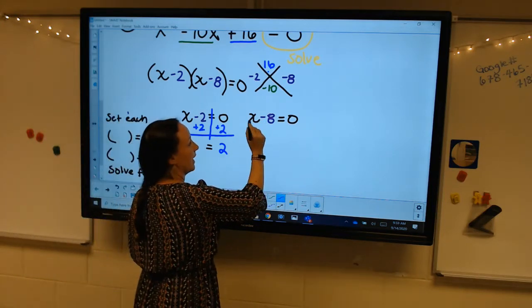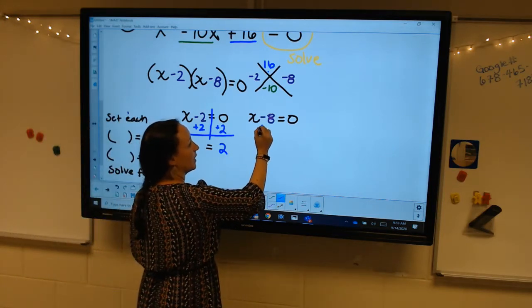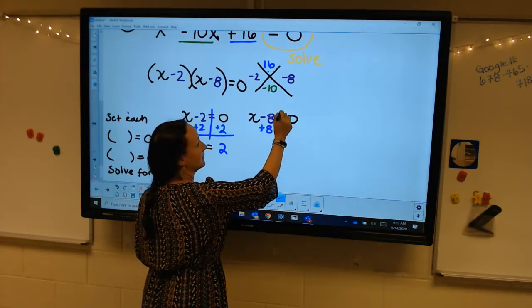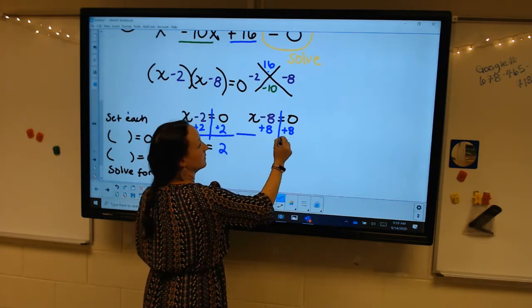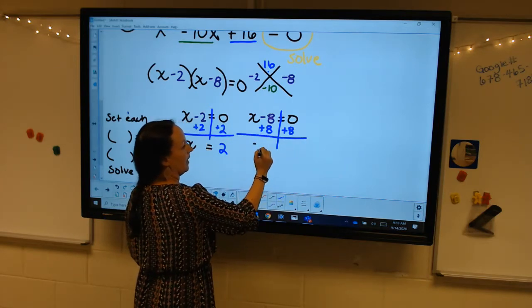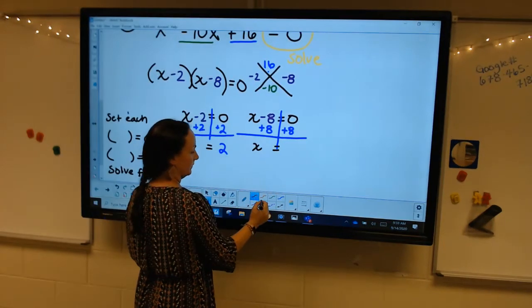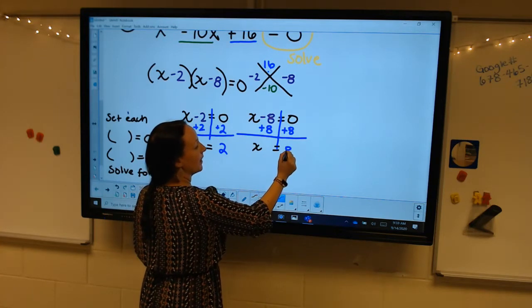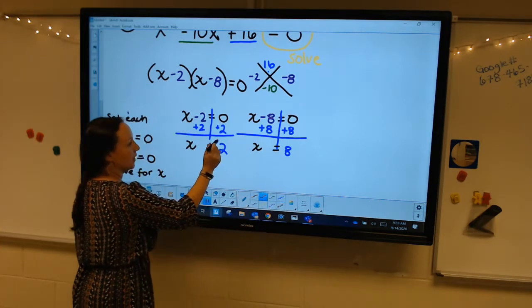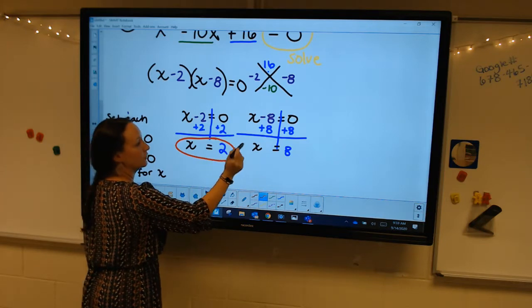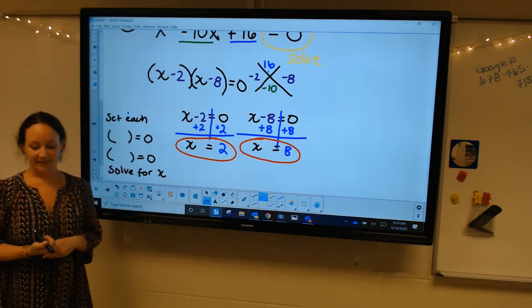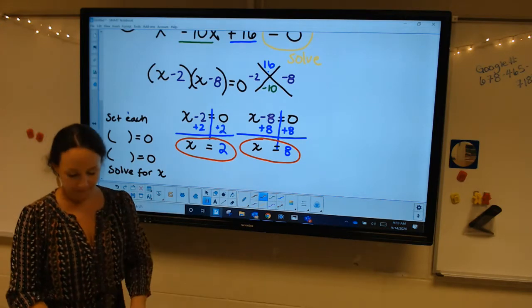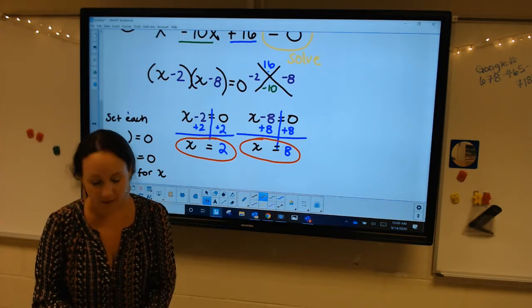Here, this is x minus 8, so I will undo that by adding 8 to the other side. X equals a positive 8. So these are our answers. X equals 2 and x equals 8. So we'll do that one more time, and then I'll let you try one.